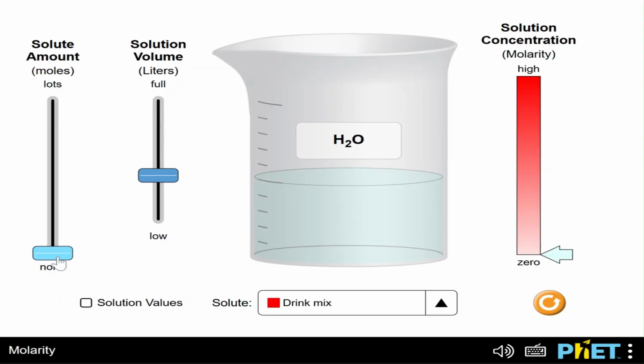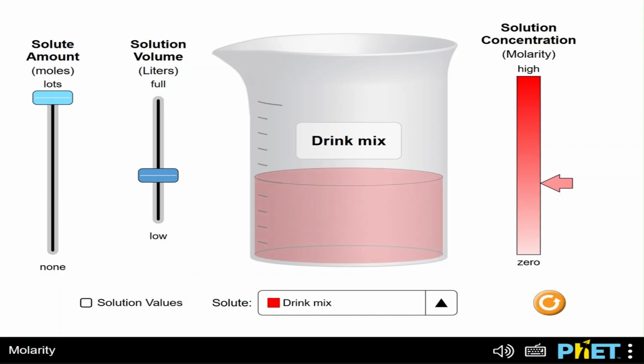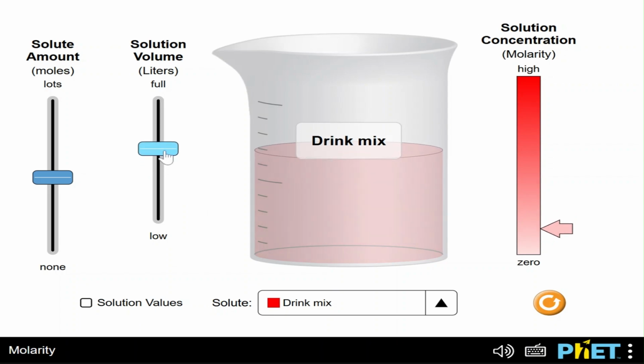As I add more solute, it's getting more concentrated. On the other hand, if I add more solvent, say I'm adding water, it's going to get less concentrated. If I remove solvent, if I take away the water, I have the same amount of Kool-Aid particles in there, but now they're making up a bigger fraction of my total.